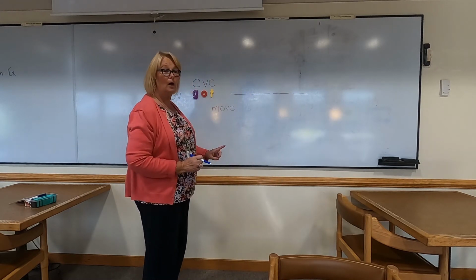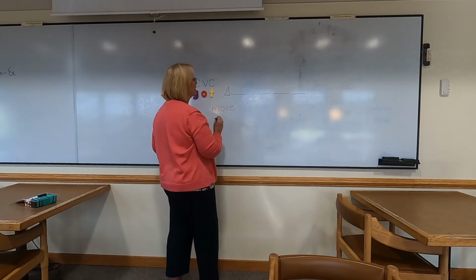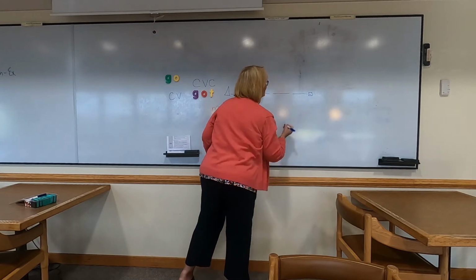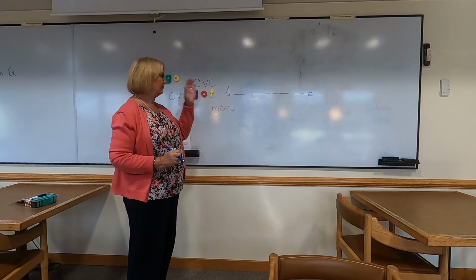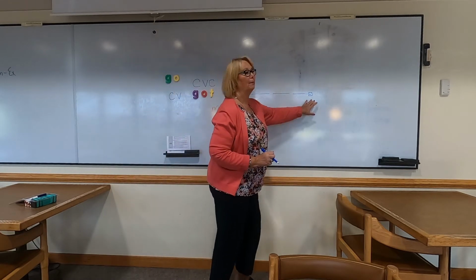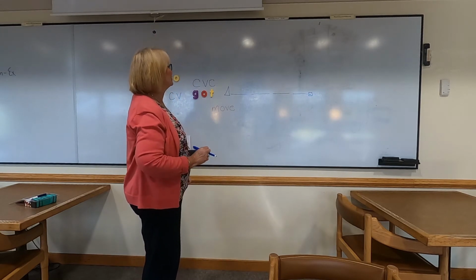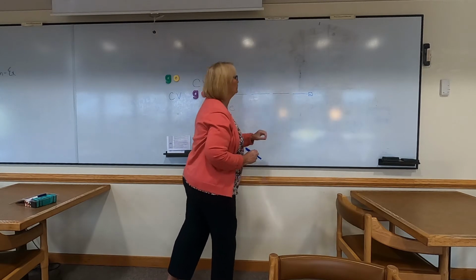I also know that there is an uppercase letter at the beginning of my sentence and a punctuation mark at the end. And I'm just going to do that to remind myself that I need to have an uppercase letter and a punctuation mark. So my first word is the. The dog can move.